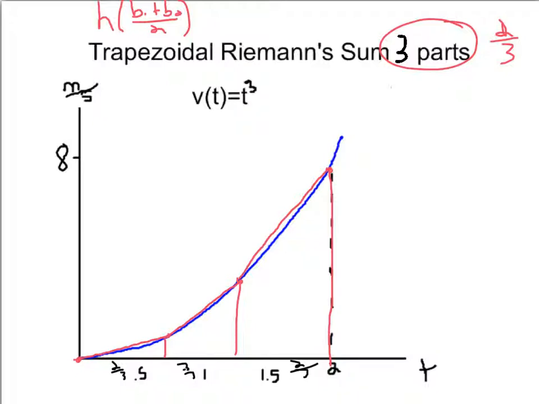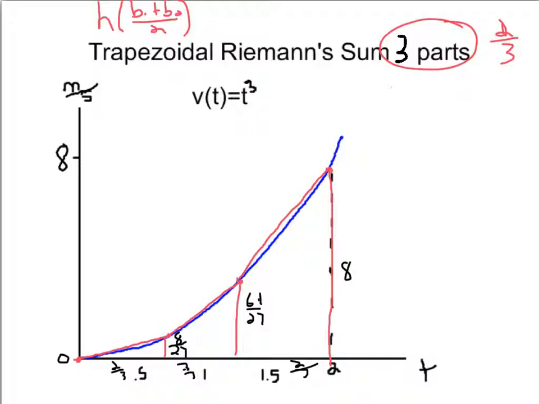So I just need to find what their bases are. The base here is 0. The base here would be 2/3 cubed, or 8/27. This base right here would be 4/3 cubed, 64/27. And this base here is 8.